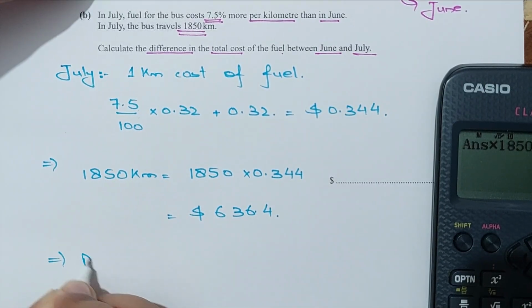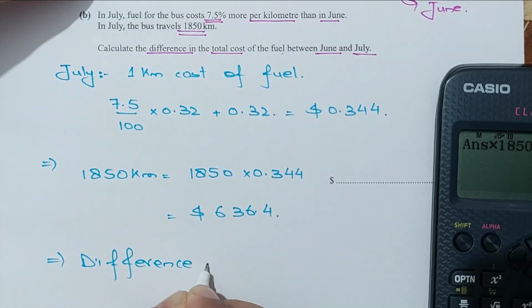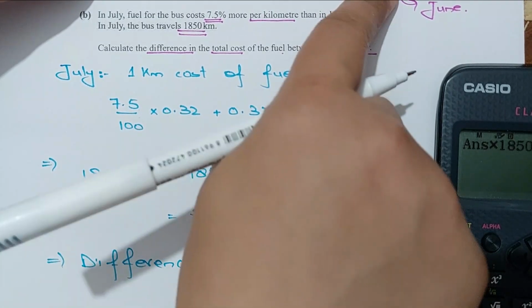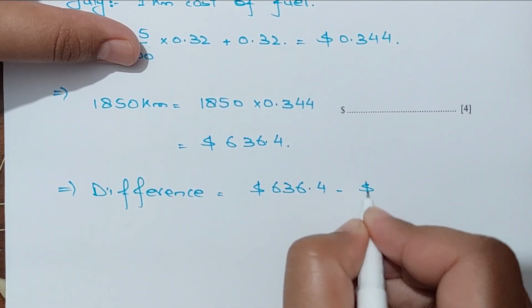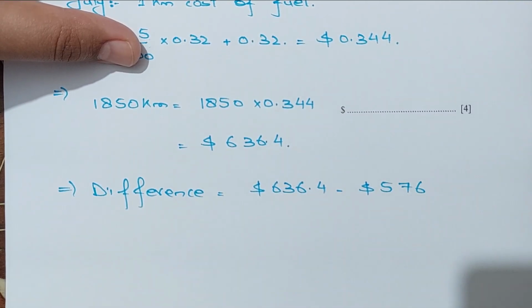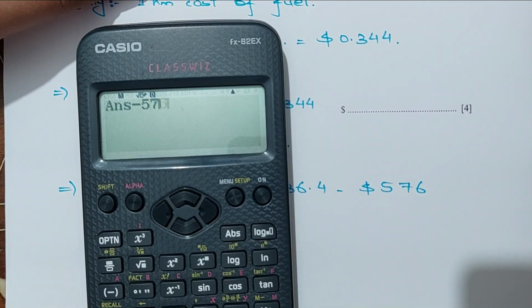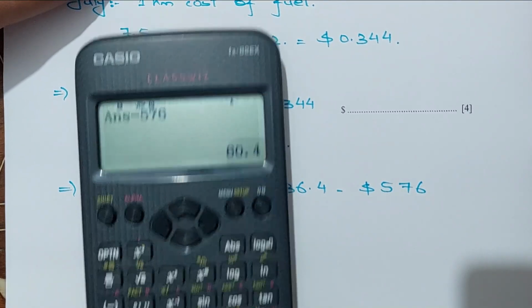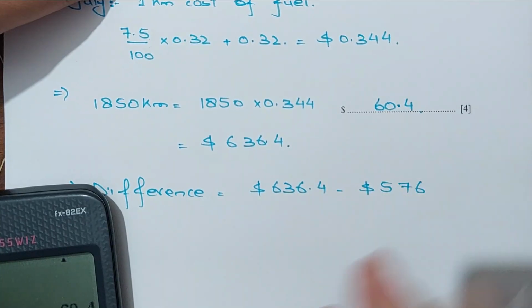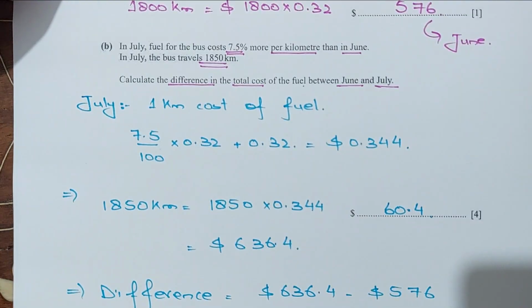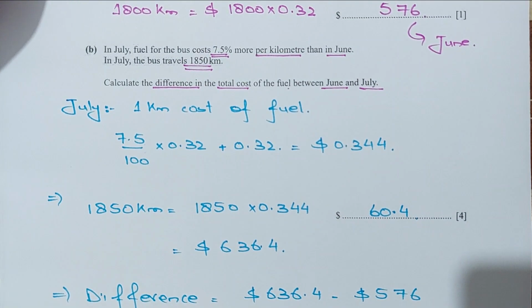Now let me find out the difference between June and July. In dollars, 636.4 minus in June it was 576. Okay, subtract 576. This would be 60.4. We can say $60.4 would be the difference in the cost of fuel between June and July.